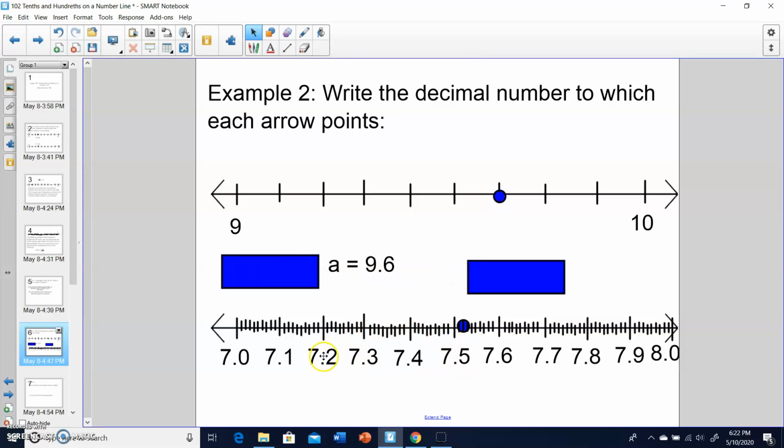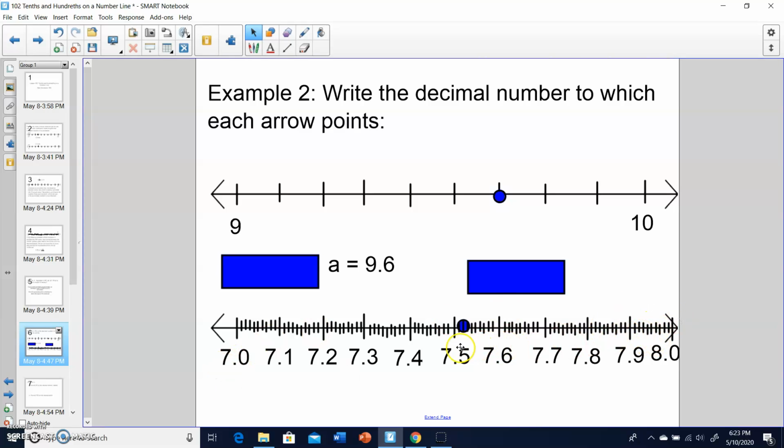Okay, and then this one, I'm between 7 and 8. There are 10 spaces between this group. So altogether, I have one group of tens, 2 tens, 3 tens, 4 tens, 5 tens, 6 tens, 7 tens, 8 tens, 9 tens. I have 100 lines here.